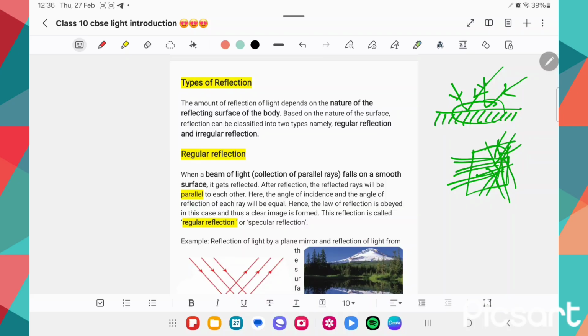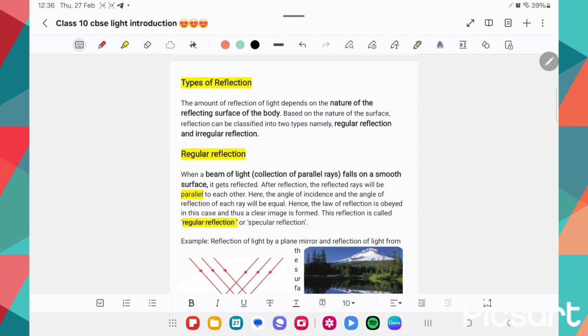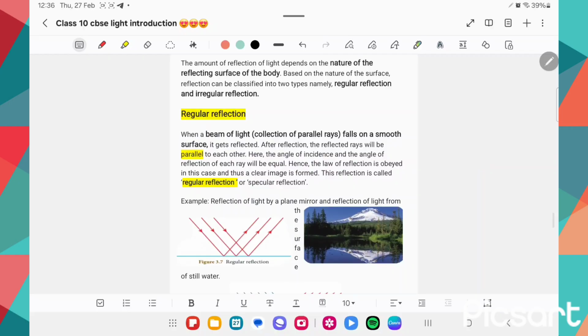In regular reflection, the beam, what is a beam? Beam is nothing but a collection of light. The collection of light, when falling on a smooth surface, will reflect in parallel rays. For example, the incident rays come in and the reflected rays will be parallel like this.